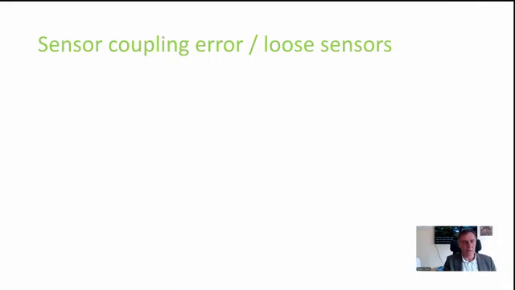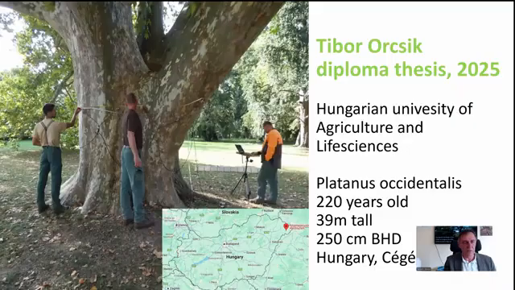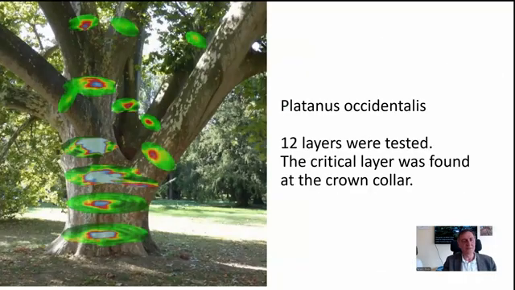Okay, so I guess I just jump to the end, and this is my favorite image. It's made by Tibor Orsi, who already got his diploma, and now he's a practitioner arborist. And this huge platanus tree was tested by him. And here you see the result.